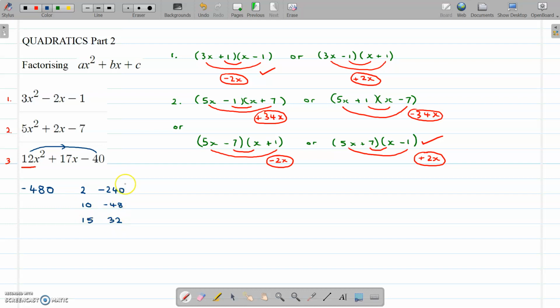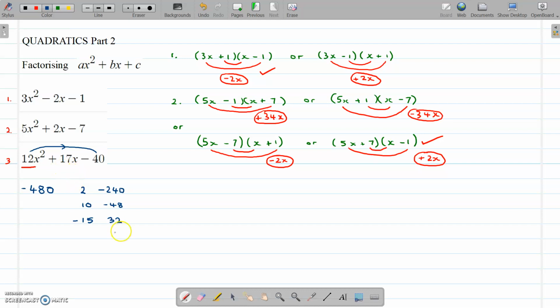Then I can deal with the minus sign. If I have 32 and negative 15, if I multiply them together, I do get negative 480. And if I add them together, I get 17.